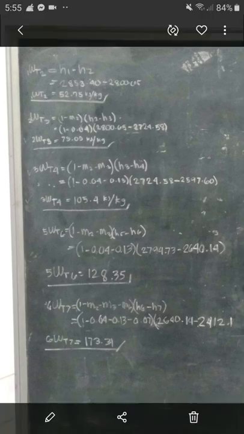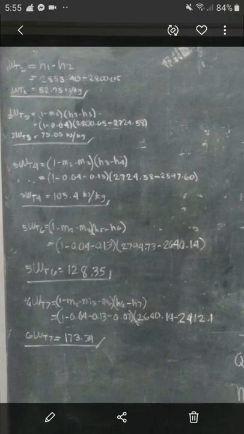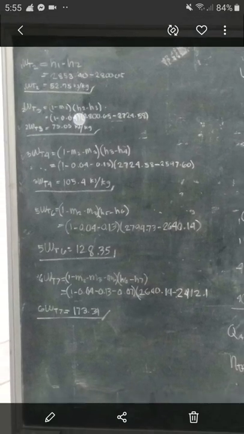We have the work turbine 2 is equal to 52.75 kilojoules per kilogram. Substitute all the work turbine 3.